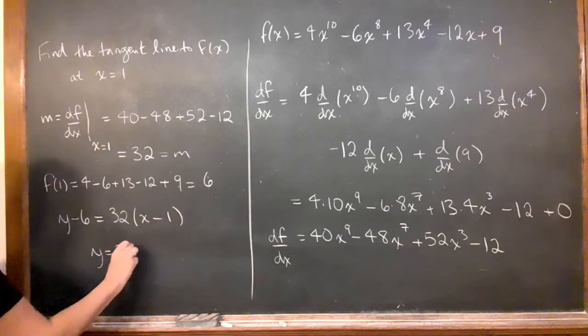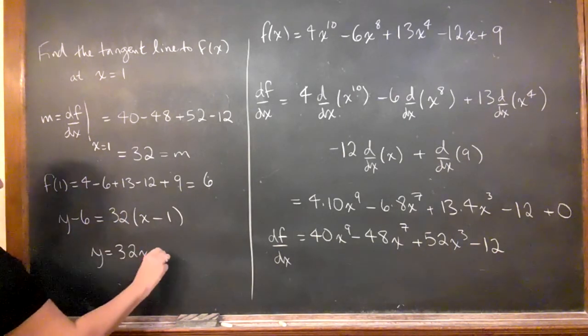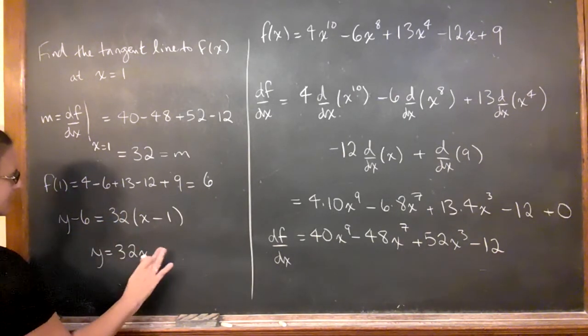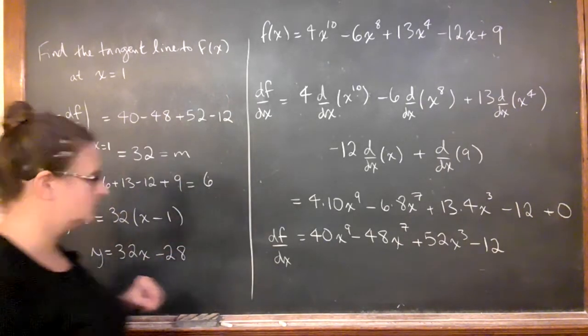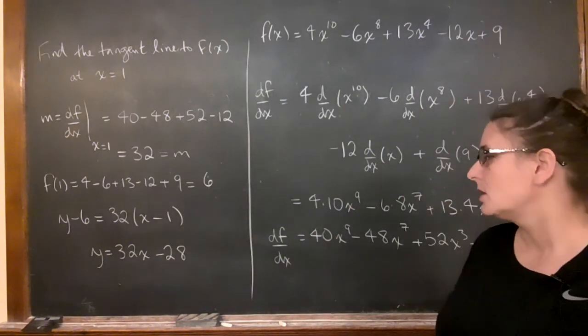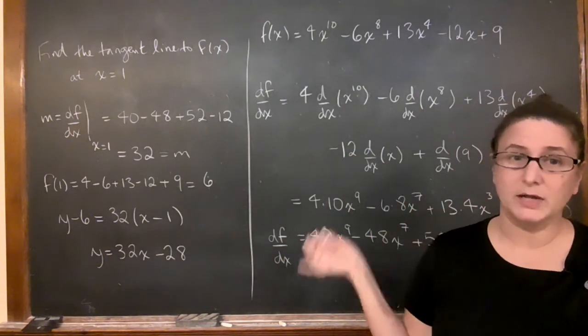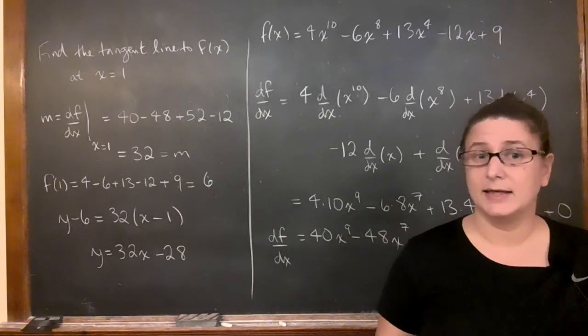And then I have 32x minus 32 plus 6. So what is that, 28? Minus. Yeah. Okay. 32 minus 6 is 28. All right. So there you have it. Now we can work with more complicated functions because we can take the derivative in an easier way.